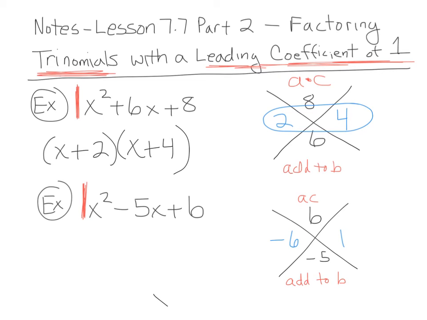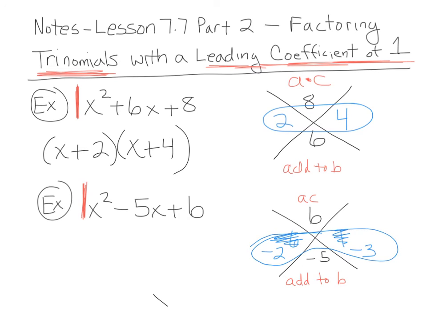Try something different. So what are the other factors of 6? Oh, 2 times 3. If we use negative 2 and negative 3, a negative times a negative is a positive, and when you add negative 2 with negative 3, it comes up to be negative 5. All right, so those are the two numbers we need.